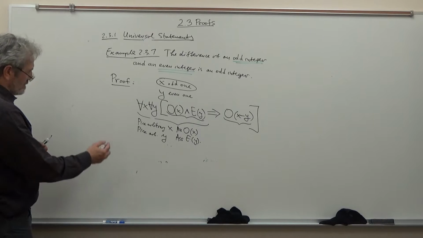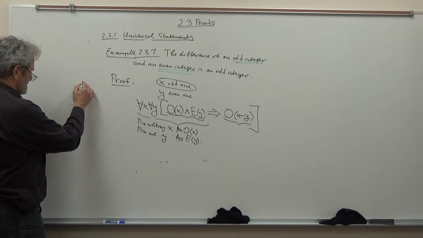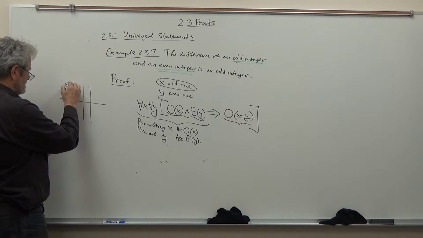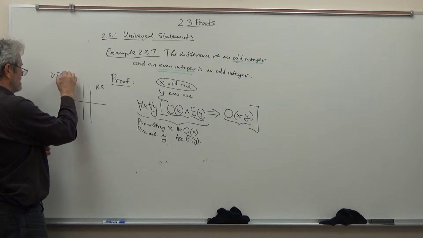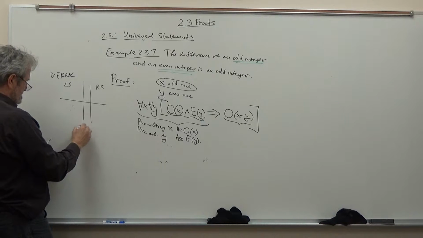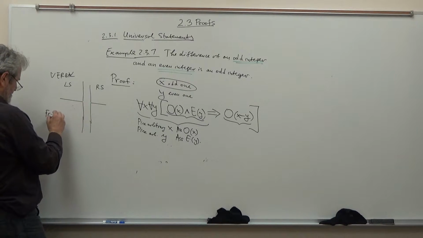And actually, I always like here in these settings to talk about crossing the river. So here are the statements. Here is the left side, here is the right side, this is the verbal end, and here is the formula end.